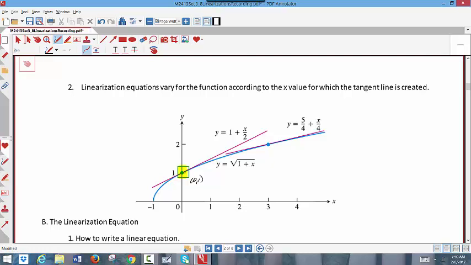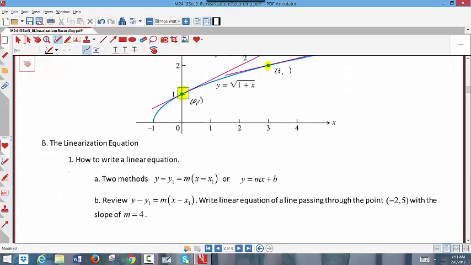Your tangent line to the graph at an x value of 0 is extremely different than your tangent line to the graph at this point, which looks like an x value of 3. In other words, your tangent line changes as you move along the function. So your linear function is only going to give a valid result when you pick a value close to the point that you created the tangent line to the function.